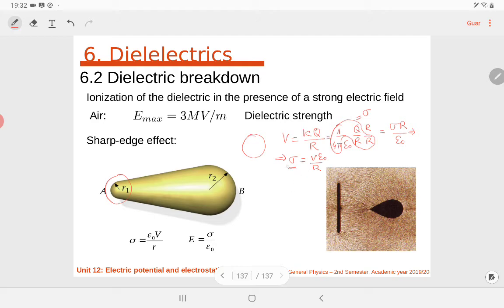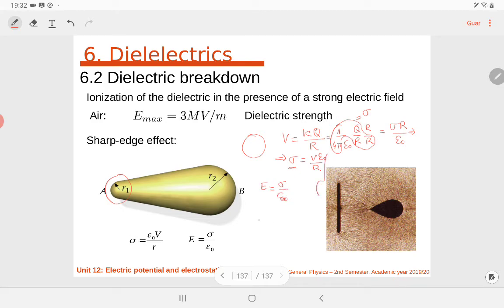And if you remember, the surface charge density was directly related to the electric field in the surrounding area, because if you apply Gauss's law, you can see that the electric field in the area very next to the conductor is given by sigma divided by epsilon sub 0.